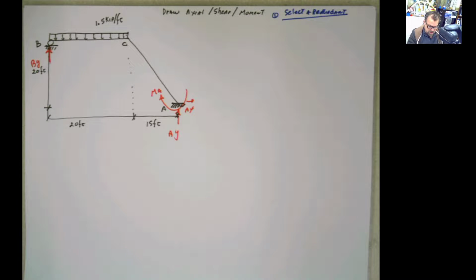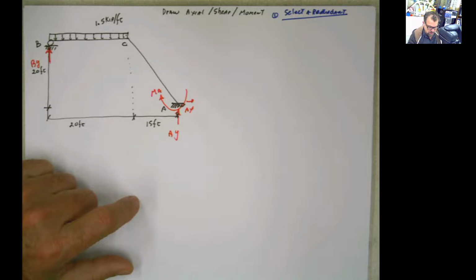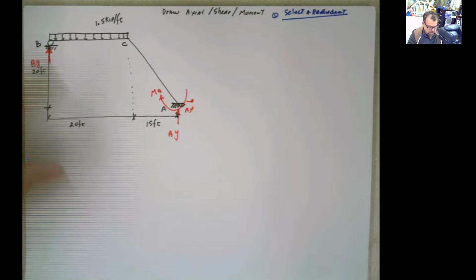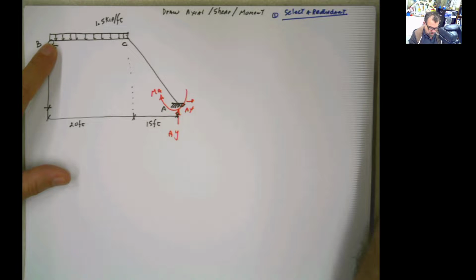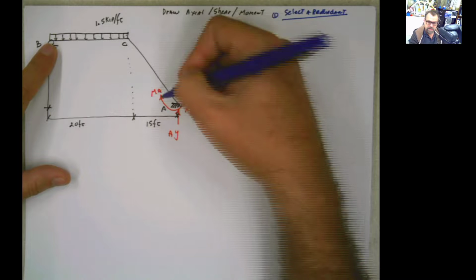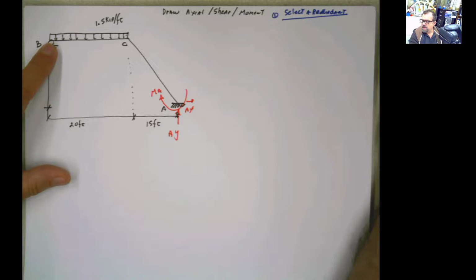So we have to identify which reaction we could use. For example, let's say that I take out BY. If I take BY out of this problem, this is still a cantilever structure, and it's stable and statically determinate. So I could do that.